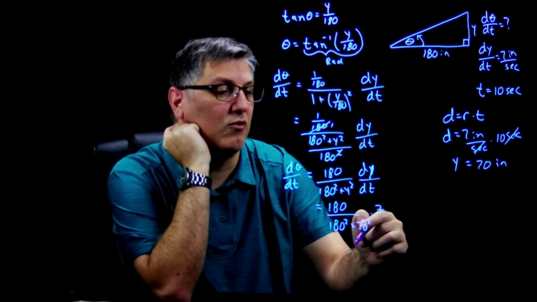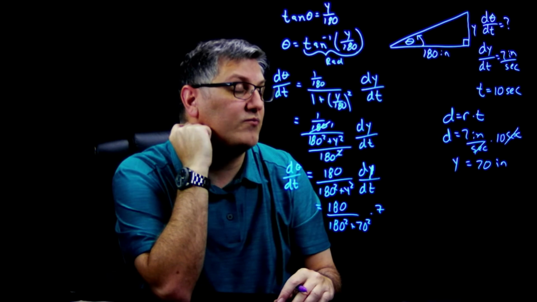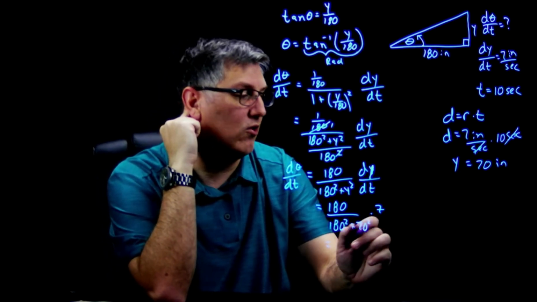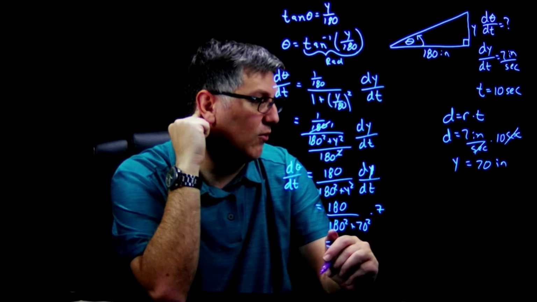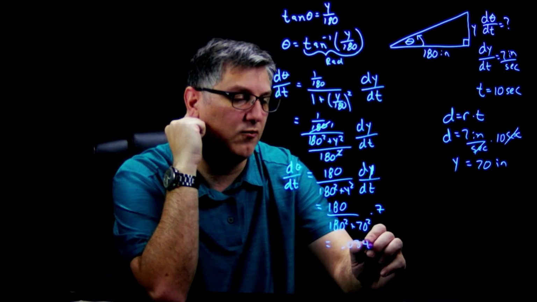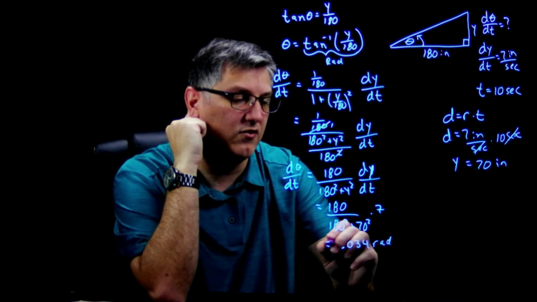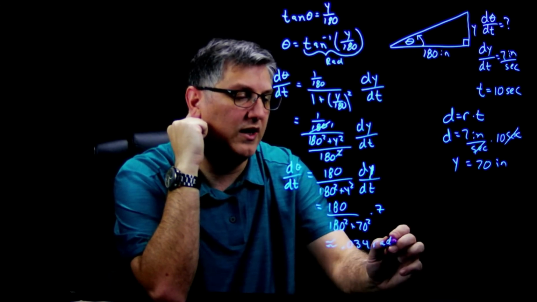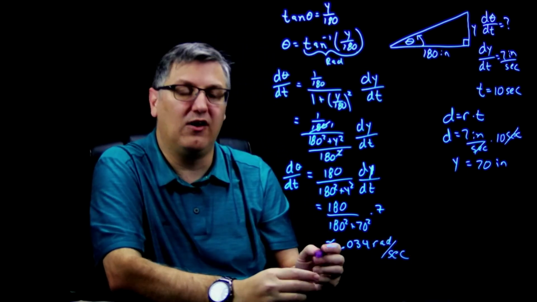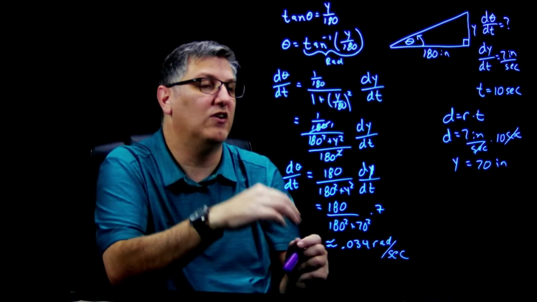The units work out to be radians per second. And when I throw all of this into a calculator, I get approximately 0.34 radians per second. So that's how fast the angle of elevation is changing.